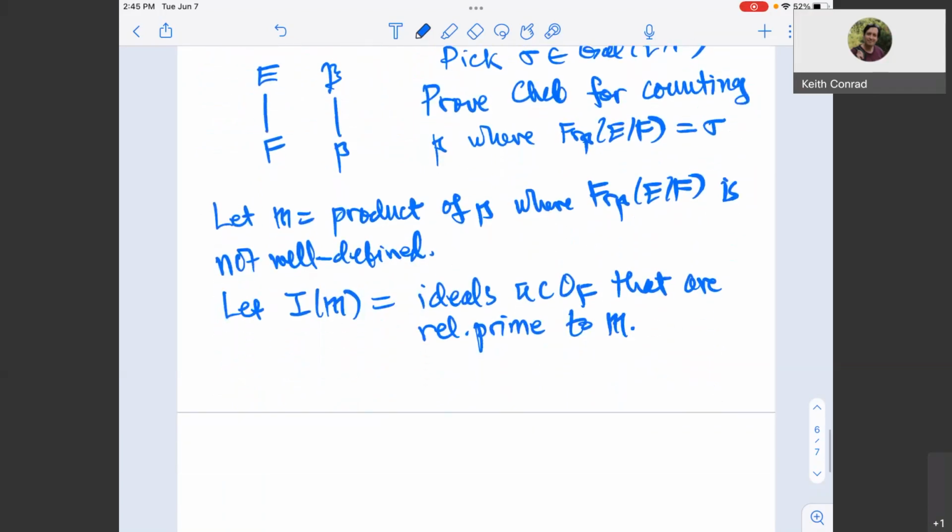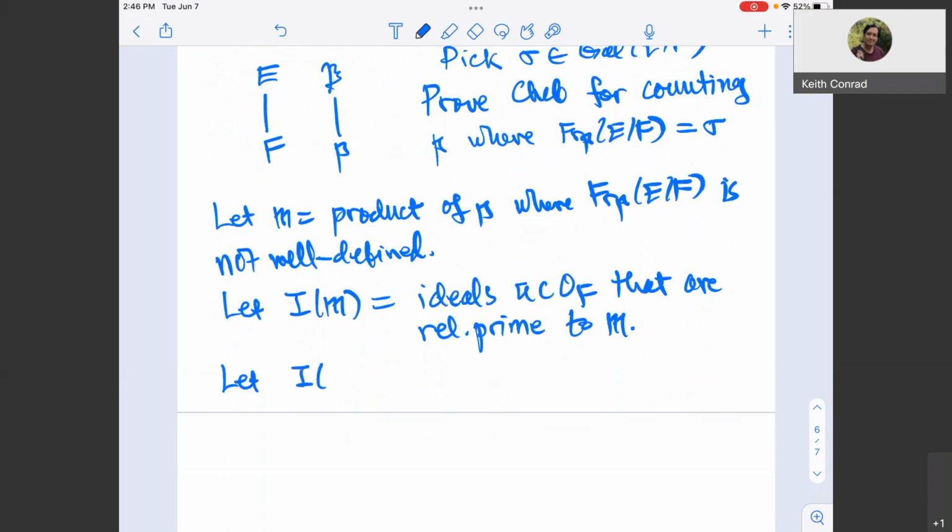And so then this is not a group, but it's a set of ideals closed under multiplication. Think about the integers, like the odd numbers, the integers relatively prime to 2. That's closed under multiplication. It's not a group, but it's closed under multiplication and has an identity.